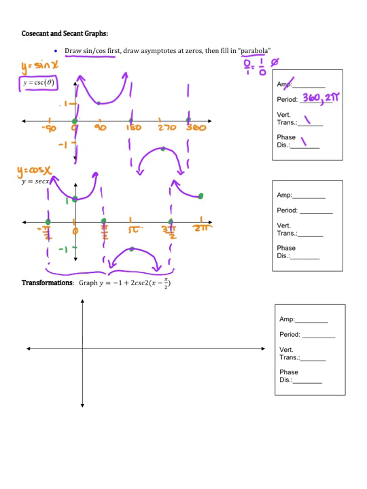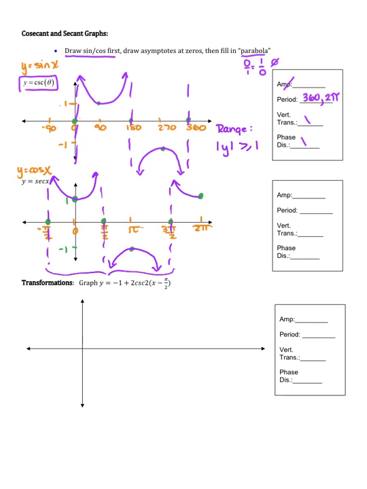I would rather talk about the domain and range in class, but let's just notice here that you have nothing between 1 and negative 1. So your range, for both of them basically, there's two ways you can write this. You can write it as the absolute value of y greater than or equal to 1.